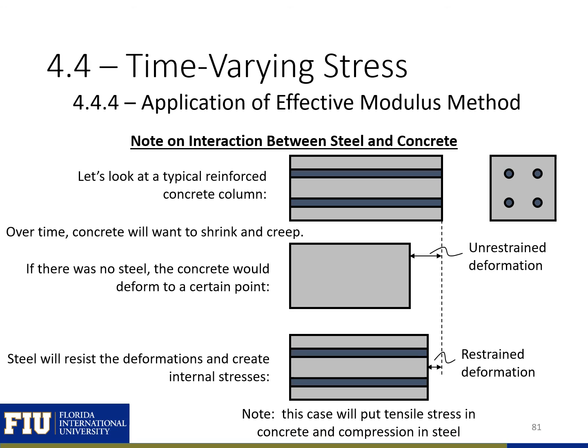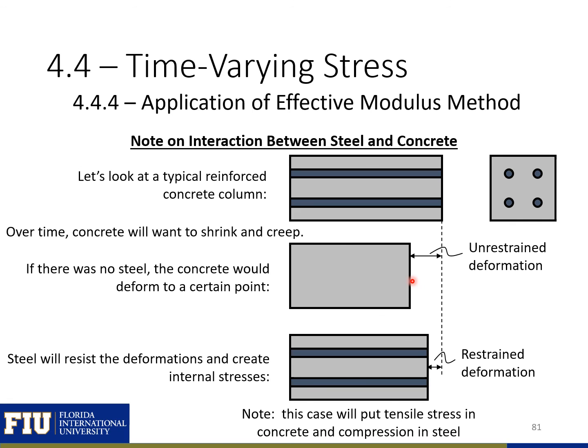I wanted to make a quick note on the interaction between steel and concrete. If we're looking at a typical reinforced concrete column, we'll have both steel and concrete. Over time, the concrete's going to want to shrink and creep. So if we had a column without steel there, it would creep to a certain point. There'd be some kind of unrestrained deformation.